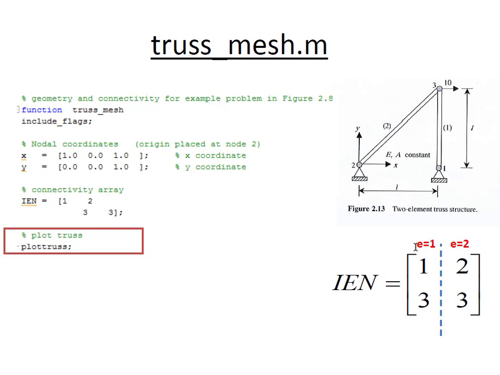In this case, we have two columns because we have two elements. Element 1 consists of nodes 1, 3, so that's why we have 1, 3 in column 1, and element 2 consists of nodes 2, 3. That's why we have 2, 3 in column 2. Then we go to plot the truss by calling this plot truss routine.